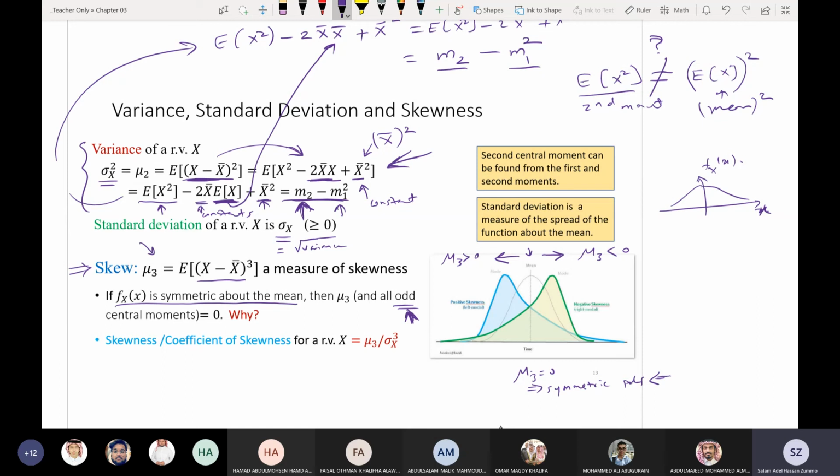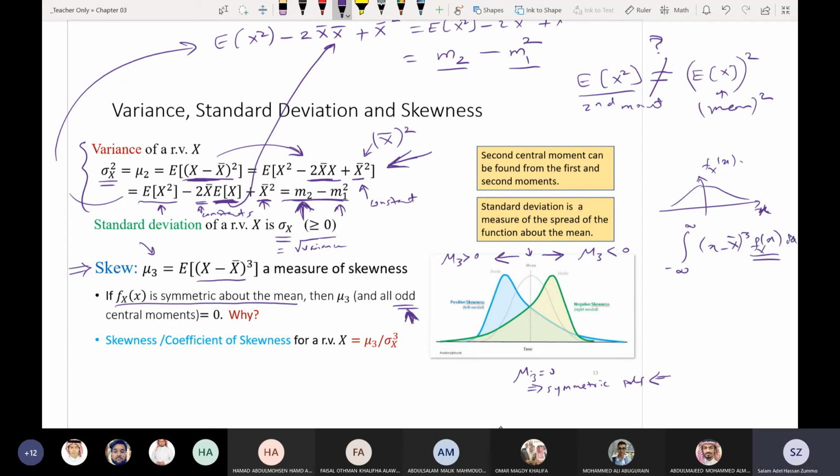Why? Because I'm multiplying x to the power 3 by fx of x dx, and I integrate from minus infinity to infinity. Now this is even around the mean, and because it's not x to the power 3, it's (x minus x bar) to the power 3 times fx of x.